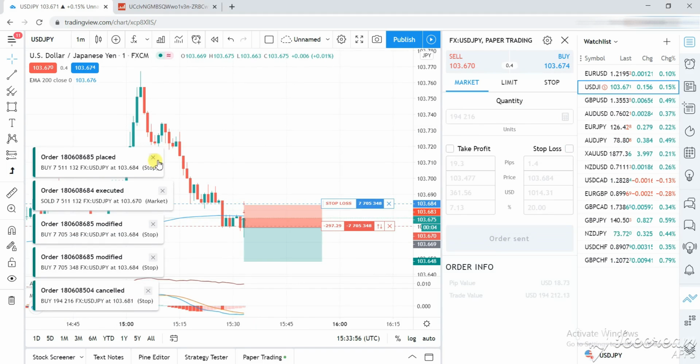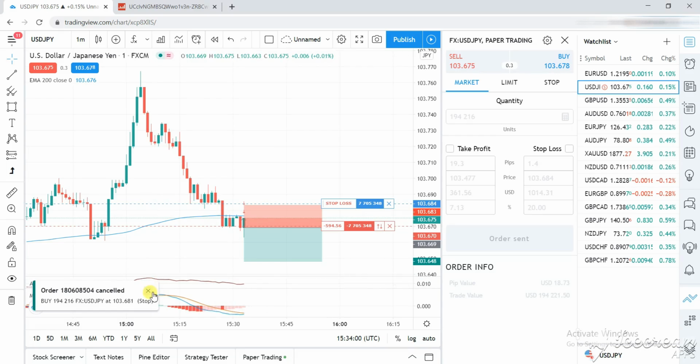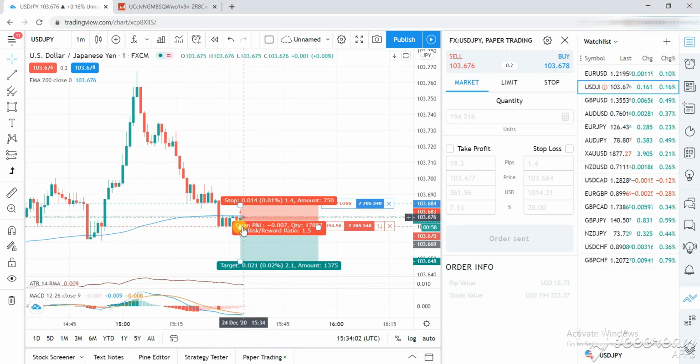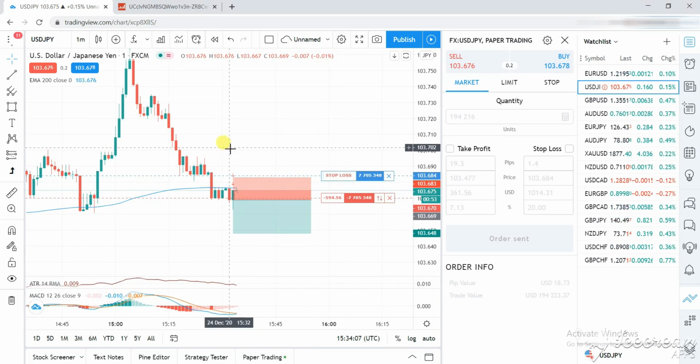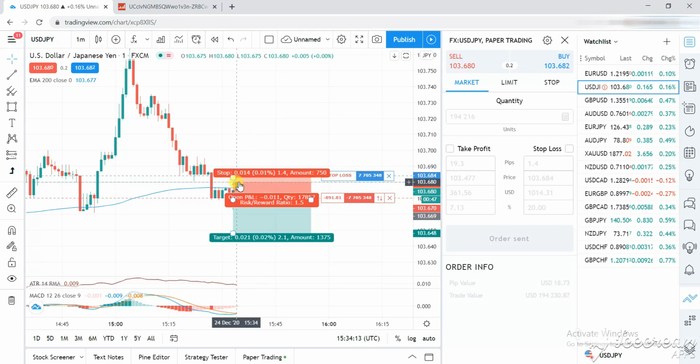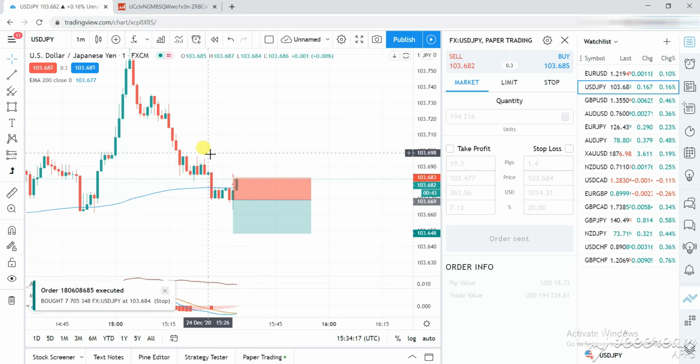So let's come back and see. Oh my god, look at this spike, guys. This is really dangerous. This is really crazy. So let's wait for an entry. Let's do it. Oh my god, what? It's taking me out. Oh my god, guys.